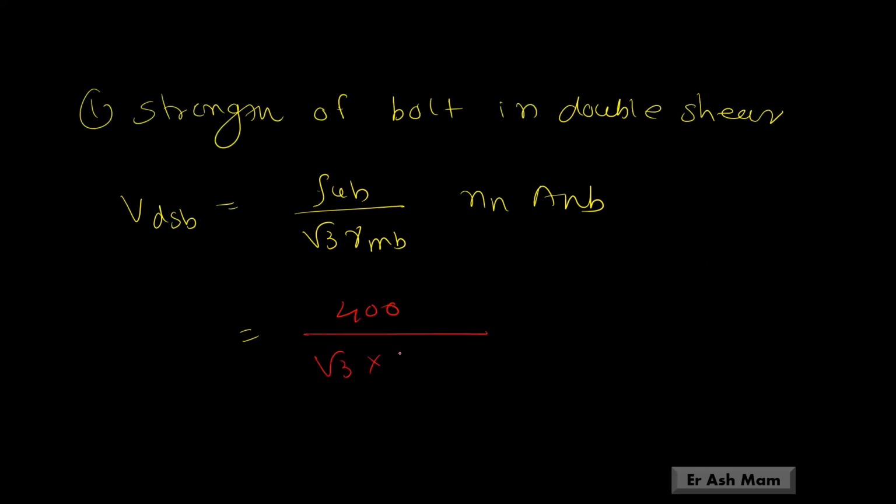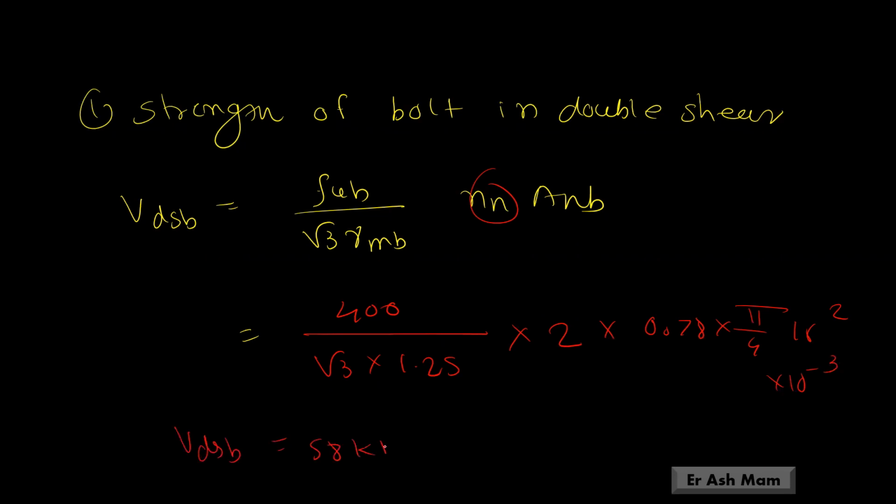The partial safety factor for material of bolt is 1.25. The number of cuts is 2 because shear failure may occur at 2 sections, and the net area will be 0.78 times the diameter of bolt, and the diameter of bolt is 16, squared, into 10 raised to minus 3 for kilonewton. So we get the answer of VdsB equal to 58 kilonewton. Therefore, the strength of bolt in double shear is 58 kilonewton.